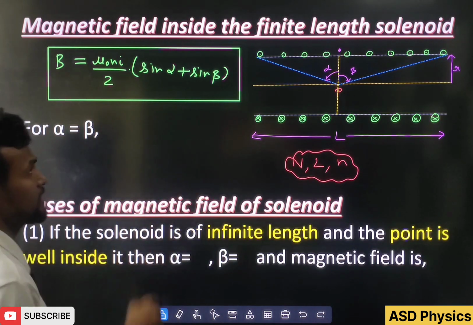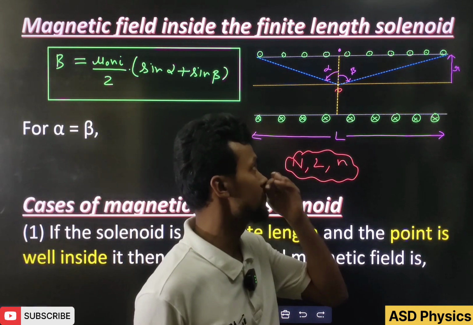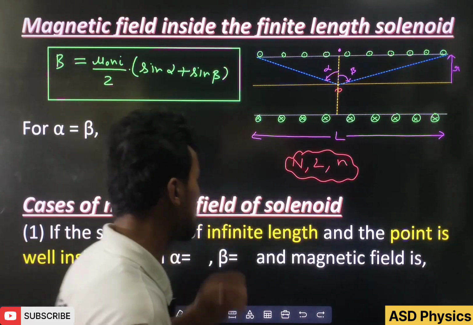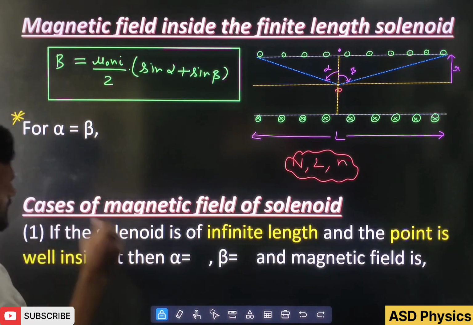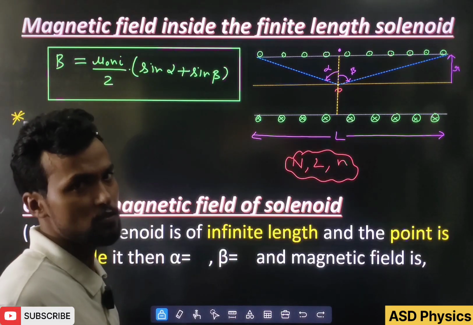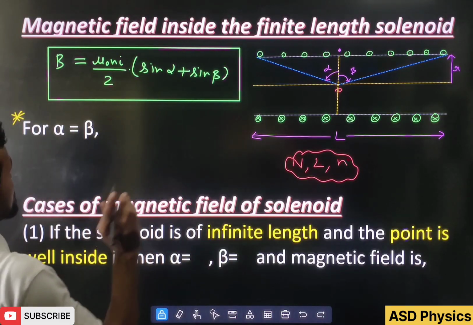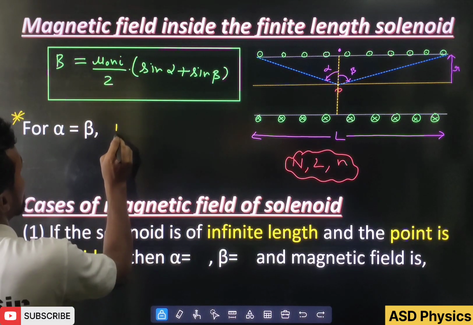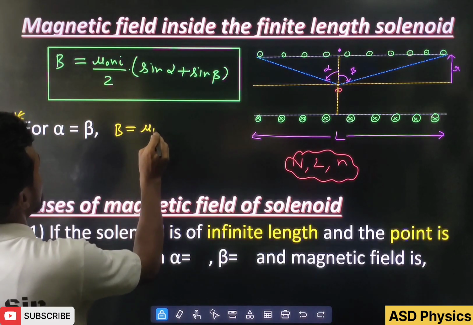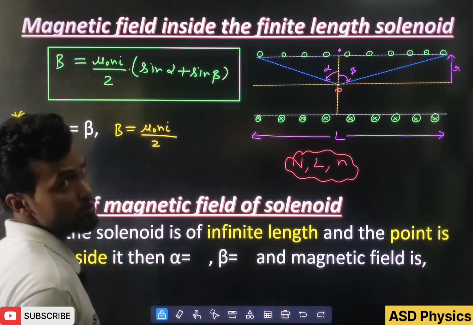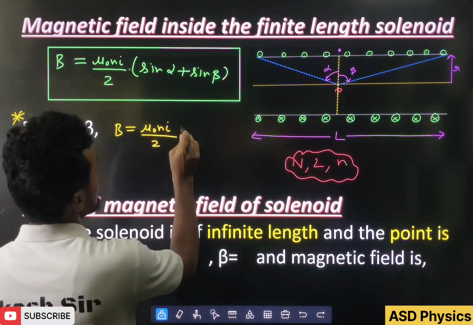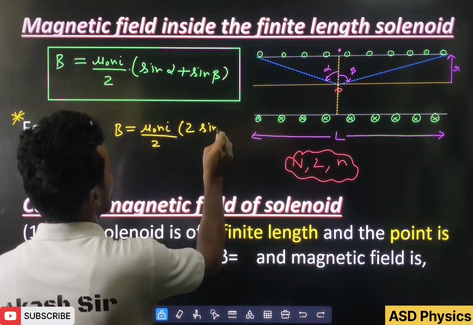Sometimes the angles are not given, they have just given the length and radius. So in that situation, we will consider by default that alpha is equal to beta if the angles are not mentioned. If alpha equals beta, we can write mu naught Ni by 2, and beta will also become alpha, so sine alpha plus sine alpha becomes 2 sine alpha.